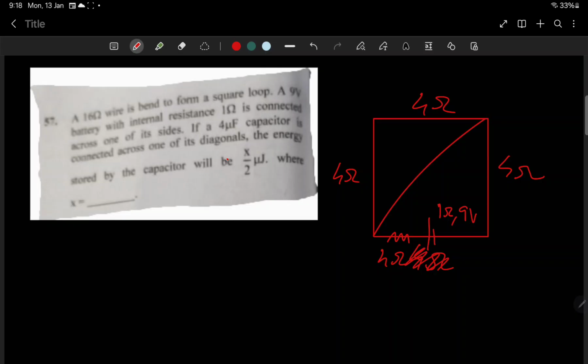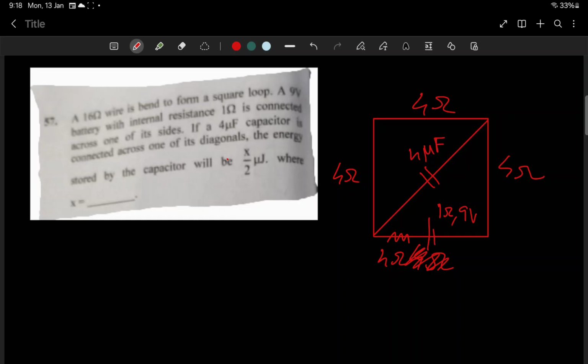This is the diagonal, I'll draw it properly. Here the 4 μF capacitor is connected. The energy stored in the capacitor, that's the question.